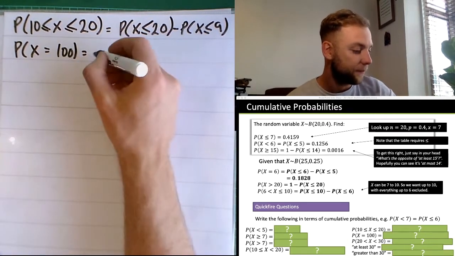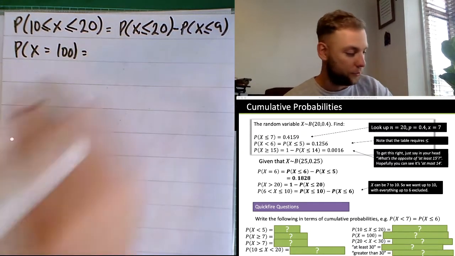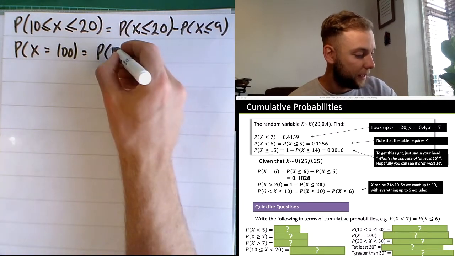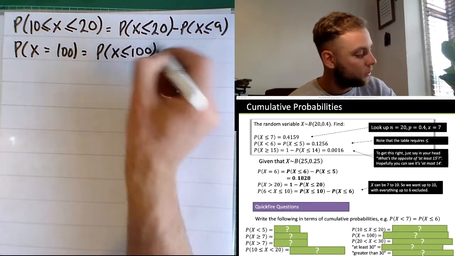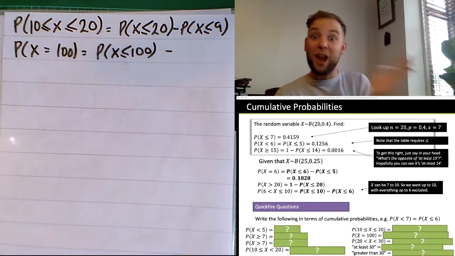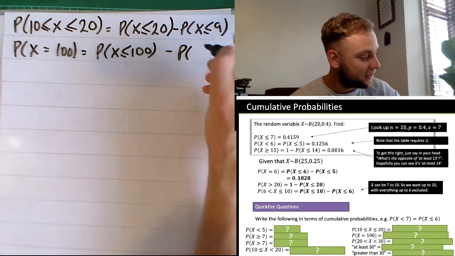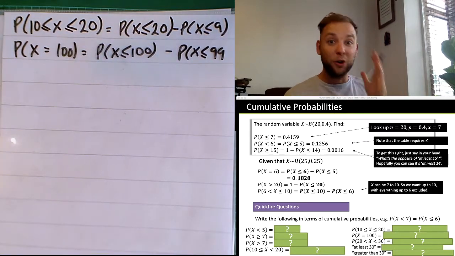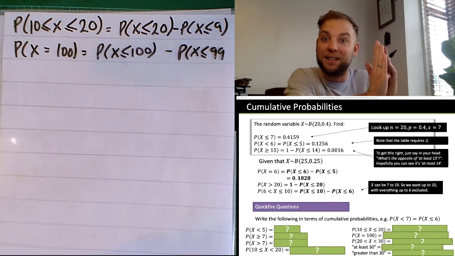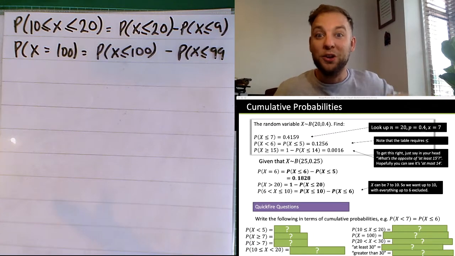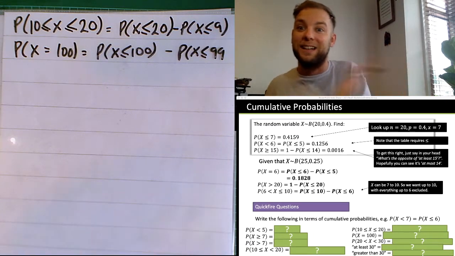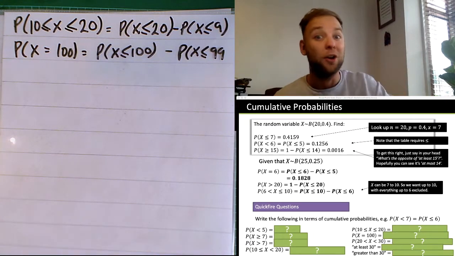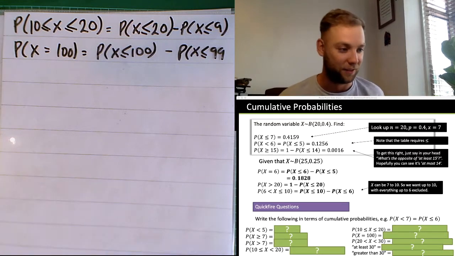They're going to say the probability of it being exactly 100 is the probability of it being less than or equal to 100, subtract everything which is less than that, which is going to be the probability of it being less than or equal to 99. So to get just 100 on its own, it's going to be the probability of being less than or equal to 100, subtract the probability of it being less than or equal to 99, which just leaves you with that 100. But we know that we can use the PD value for that, okay?